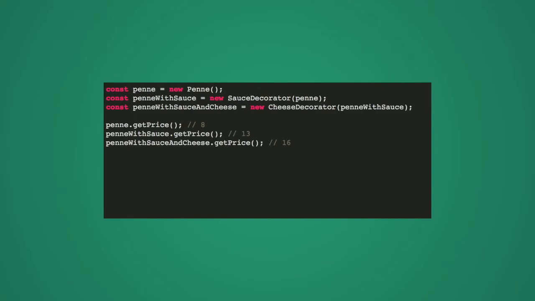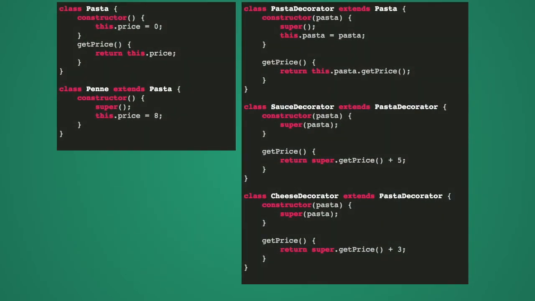This is okay because child classes still function as the parent class, right? So our code always expects pasta. All the code that we have expects pasta. Like the sauce decorator expects a pasta, the cheese decorator expects a pasta. You can pass in either a pasta or any child class of it, like the pasta decorator.